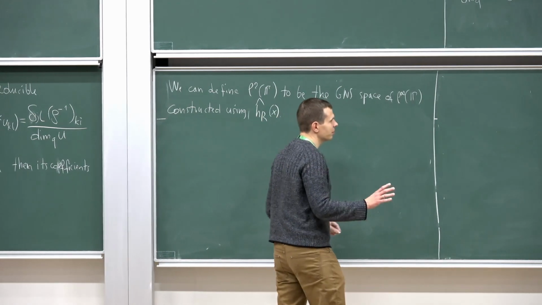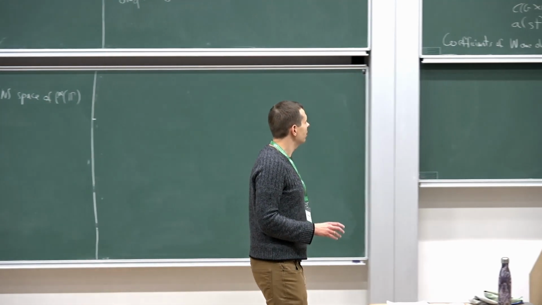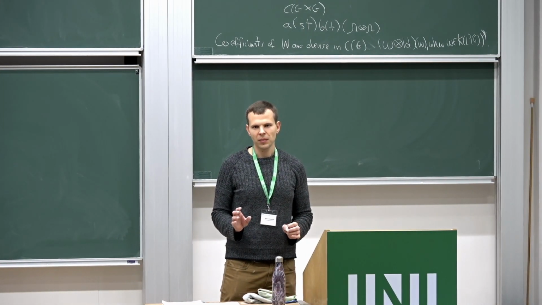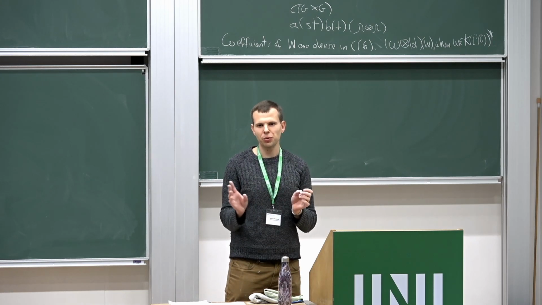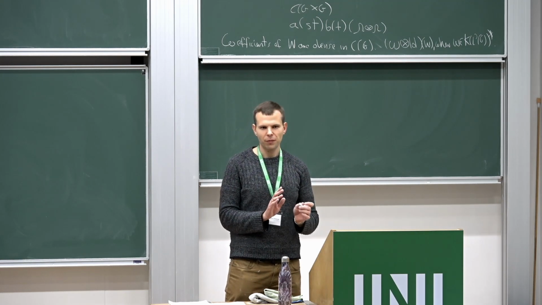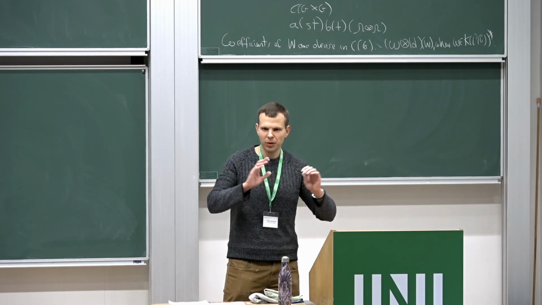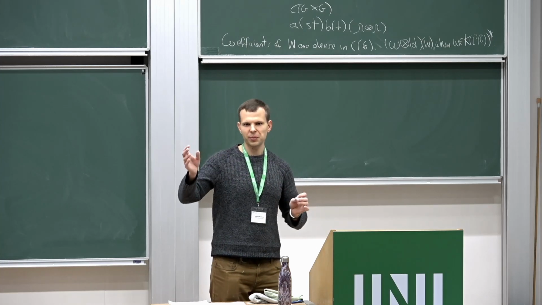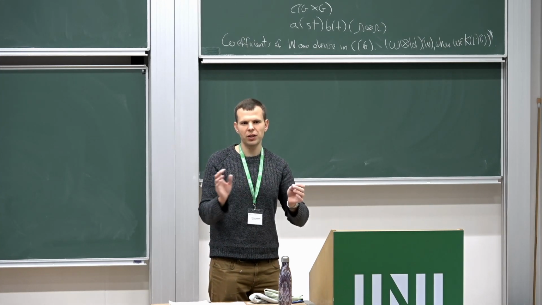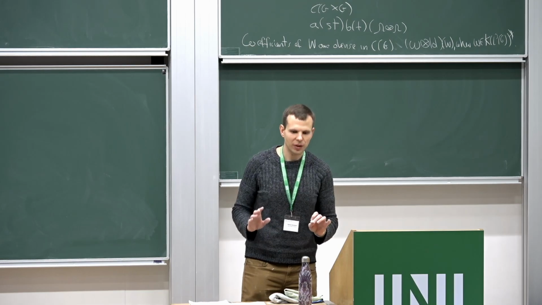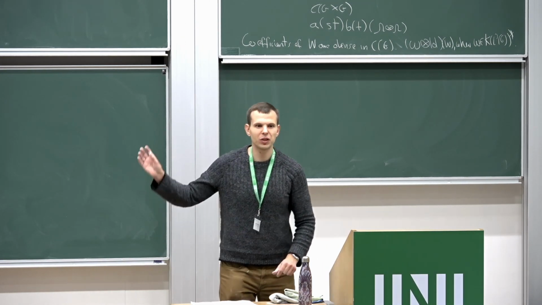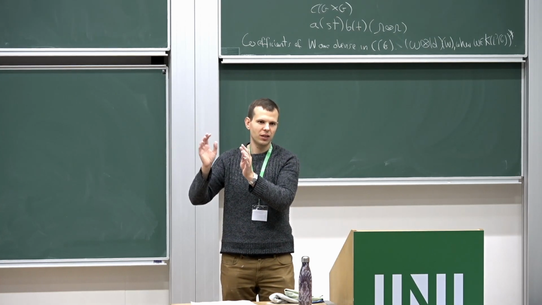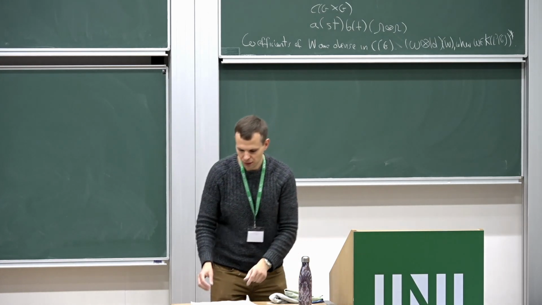So we didn't really explain the GNS, Robin didn't explain the GNS representation for weights as opposed to states, but it's somehow the same as the classical case. It's easier to do L2 spaces for probability measures, but you can do them for sigma finite measures, and it's roughly the same construction, but instead of having the whole algebra acting on your Hilbert space, you need to restrict to some dense subalgebra on which the weight is defined, and then you take the completion. Especially here, when this is just a direct sum of matrix algebras, just restrict to the algebraic direct sum, finite things, and on them you define inner product, and then you complete it.